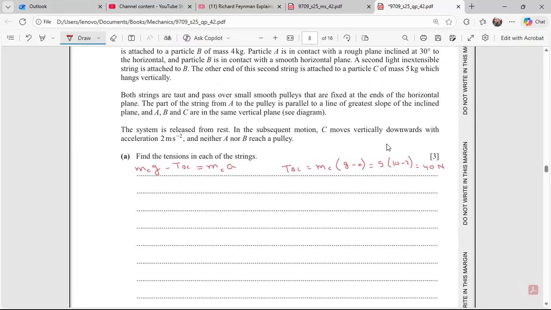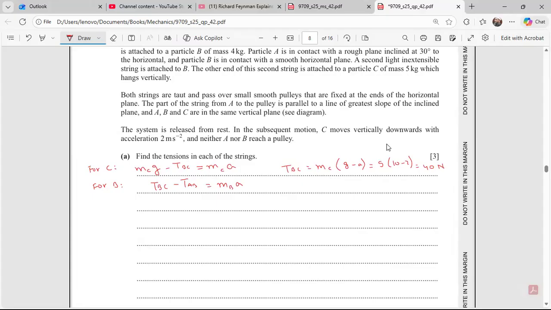So I will write the equation for object B. That was for C, now I'm writing the equation for B. As I said before, TBC is larger, so TBC minus TAB is equal to MB A.